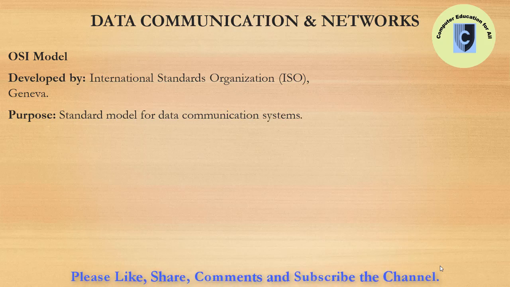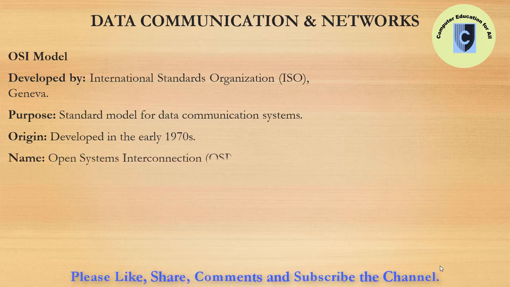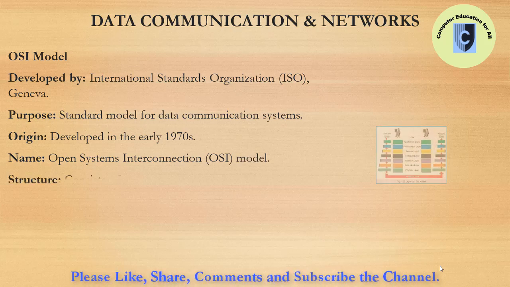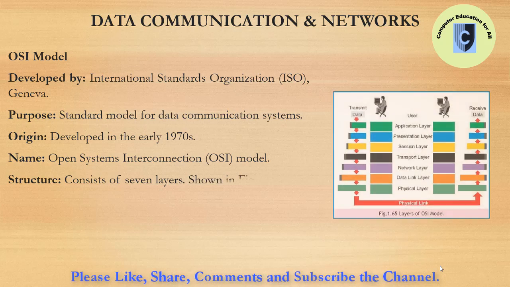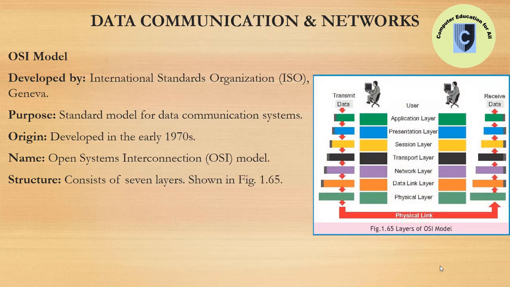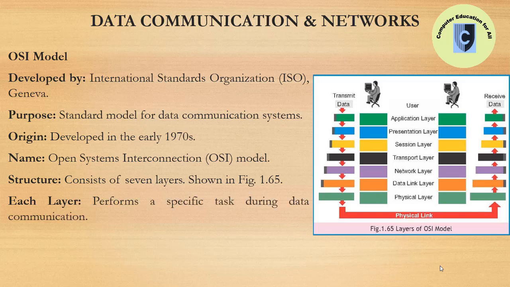In the early 1970s, ISO developed a standard model of a data communication system and called it the Open Systems Interconnection, OSI model. The OSI model consists of 7 layers. Each layer performs a specific task during data communication, as shown in Fig. 1.65.